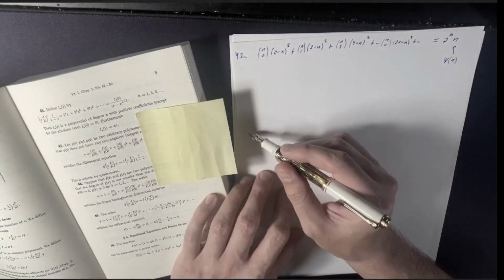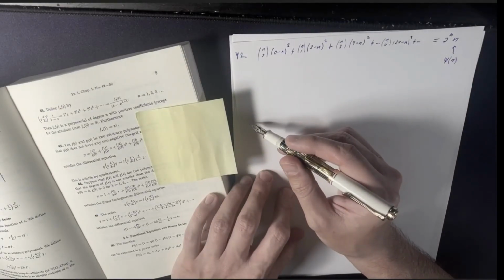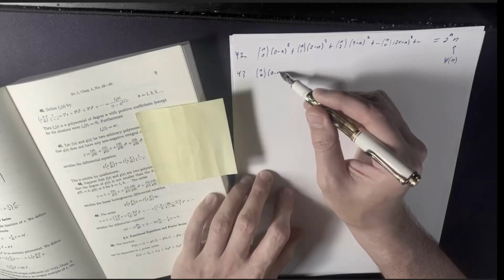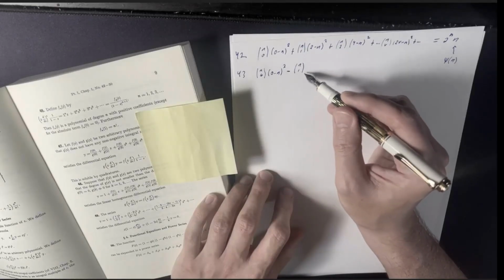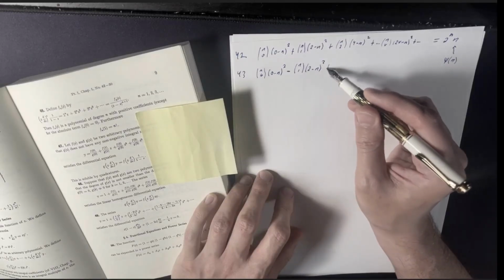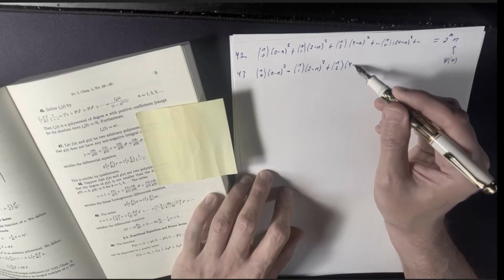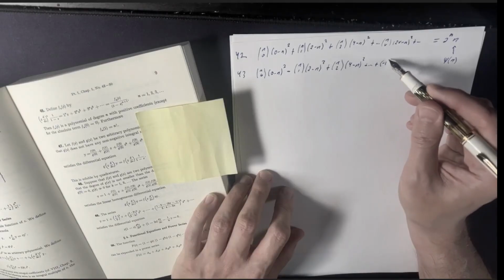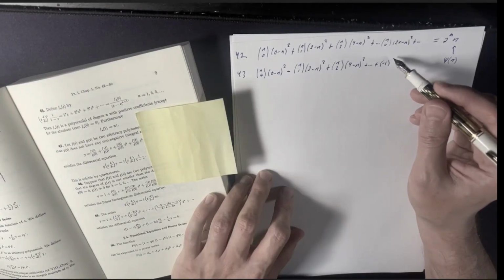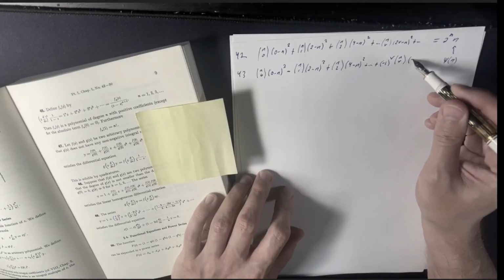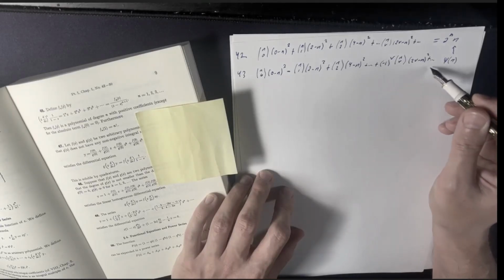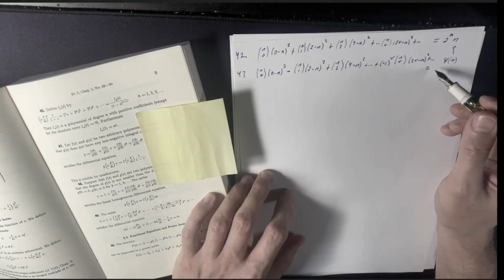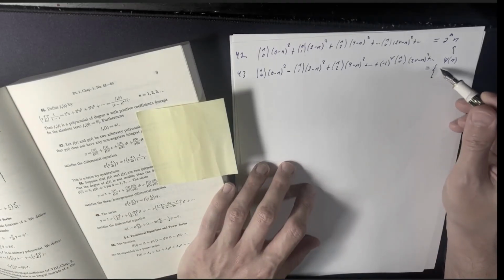And then 43, I'll just write it down up here. 43 is the same thing but alternating. This time you're supposed to get 0 or possibly 8.